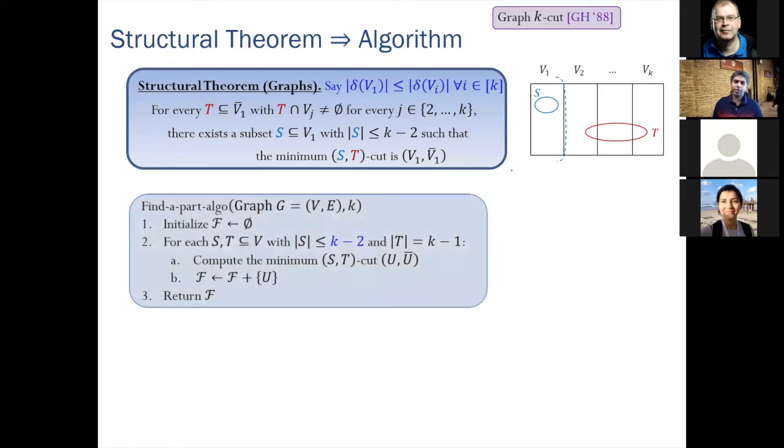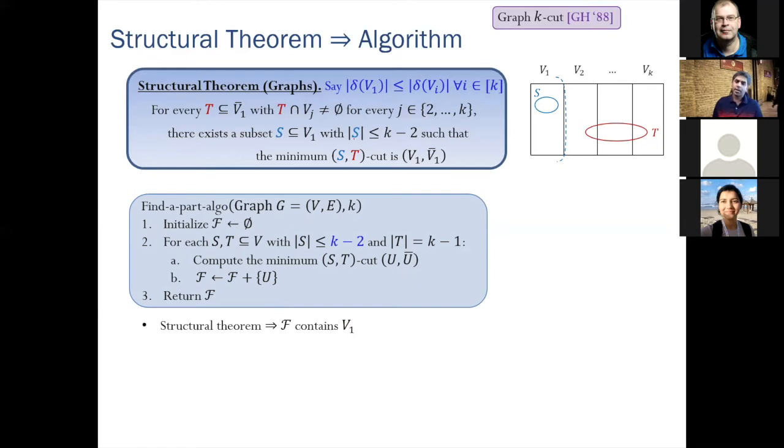Here is how we would enumerate this. We initialize the family to be empty. For each subset S of at most K minus 2 vertices and each subset T of K minus 1 vertices, we compute the minimum ST cut, U bar, and add the source side U to the family F. Now, by the structural theorem, this family F contains V1. Why does this family F contain V1?